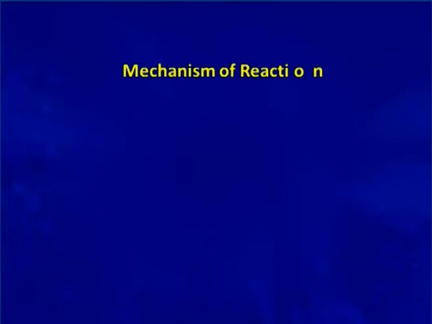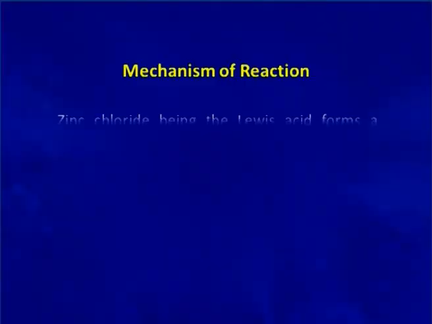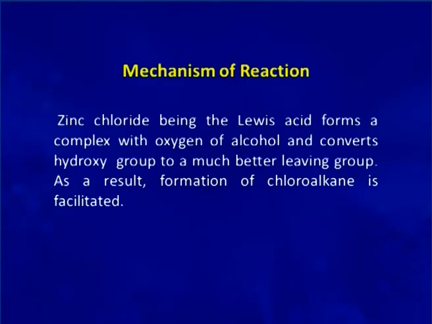We will now discuss the mechanism of the reaction of hydrogen halide, in particular hydrogen chloride with zinc chloride. Now, zinc chloride basically is a Lewis acid and it forms a complex with alcohol.